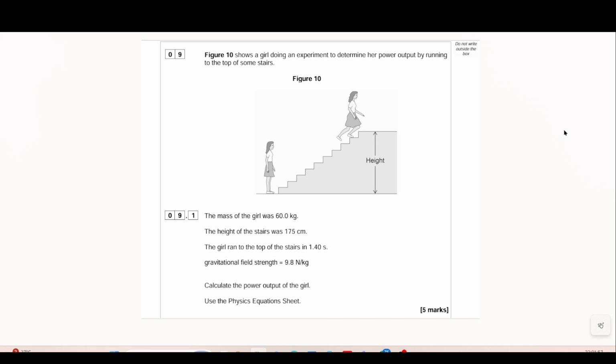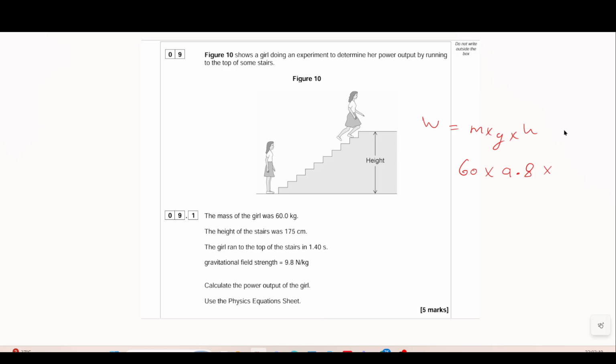Gravitational potential energy equals mass times gravitational field strength times height. This will give you work done. GPE equals mass times GFS times height. So mass is 60 kilograms times 9.8 times height.